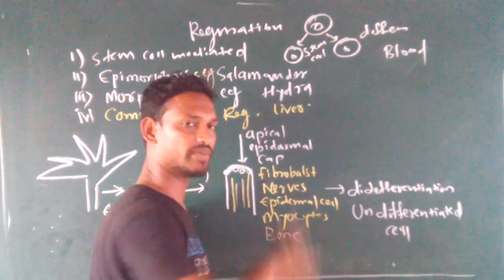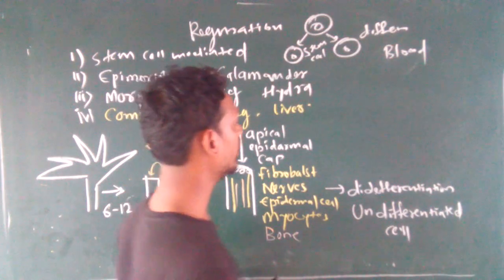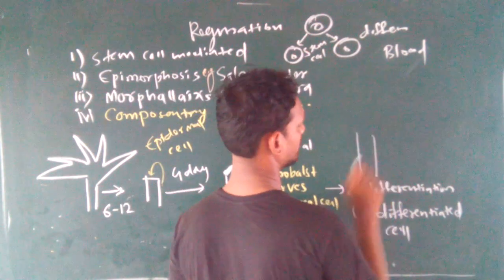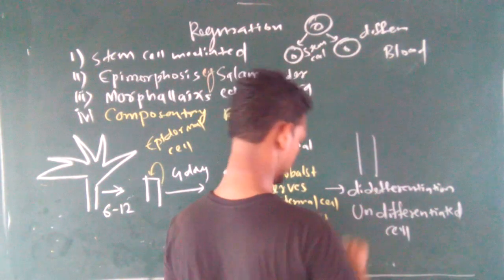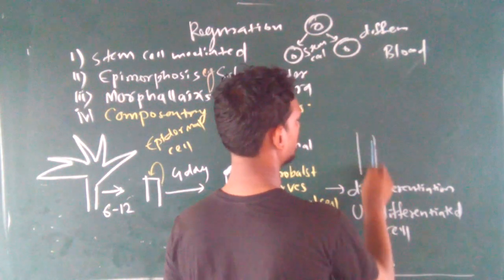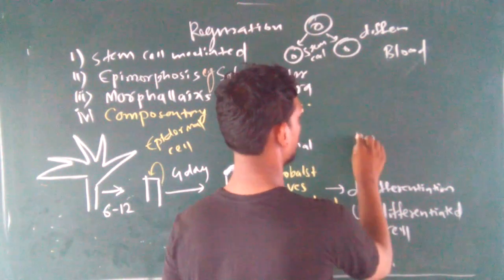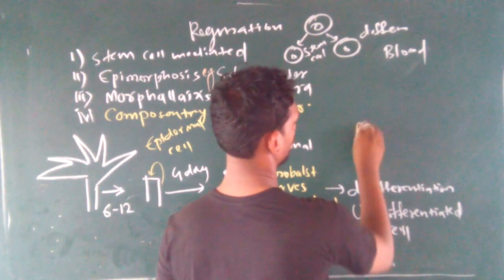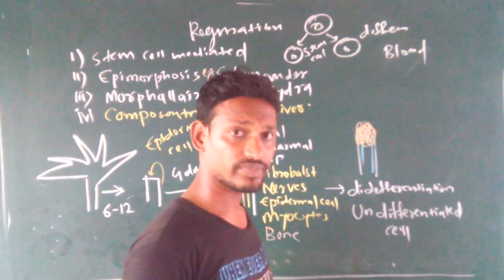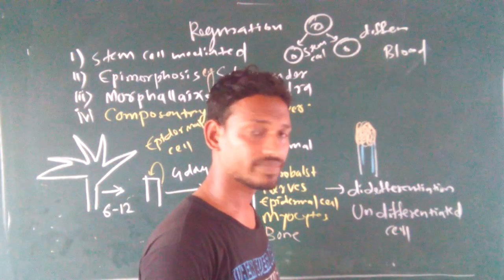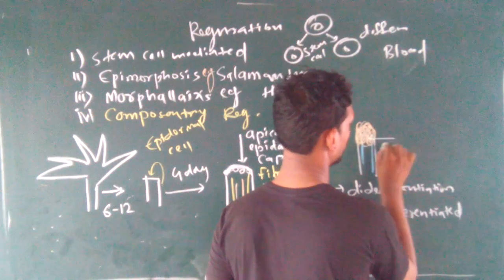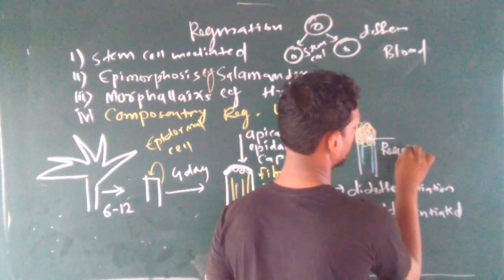All these cells became an undifferentiated mass of cells, and this mass of cells is now known as the regeneration blastema. All the cells which are present here lost their ability and make a mass-like structure like this on the tip of the amputated limb.